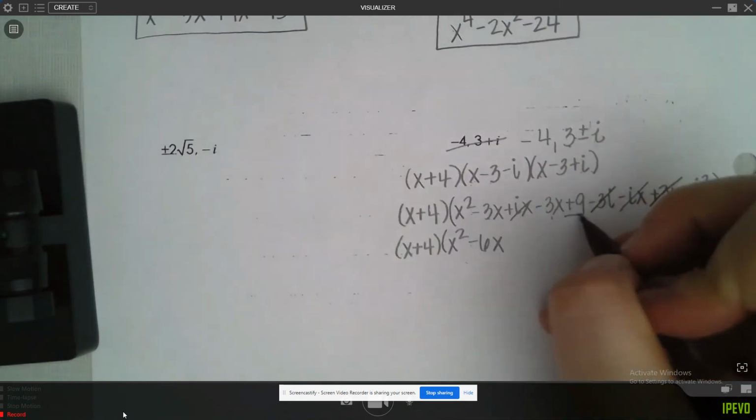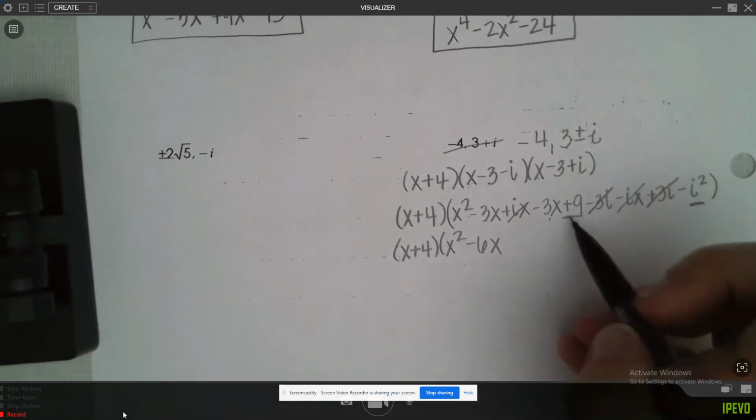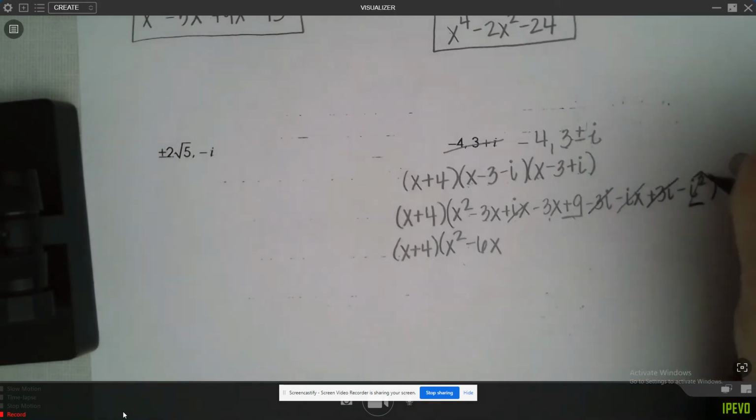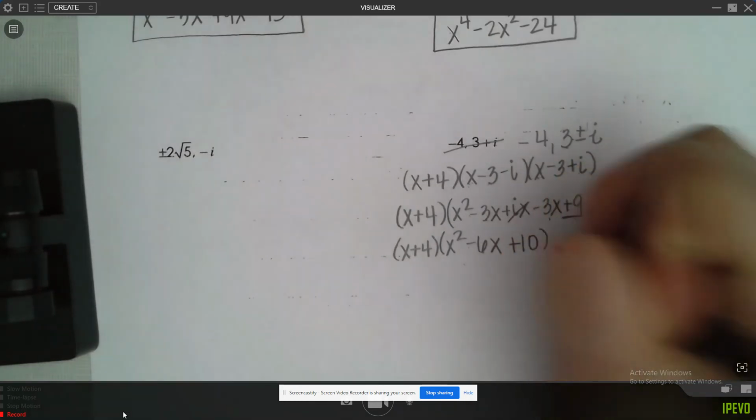You have a positive 9 and a negative i squared left over, correct? What does i squared equal? Negative 1. What happens when you subtract a negative 1? It becomes positive. So this is now 9 and this is plus 1. So this is plus 10.